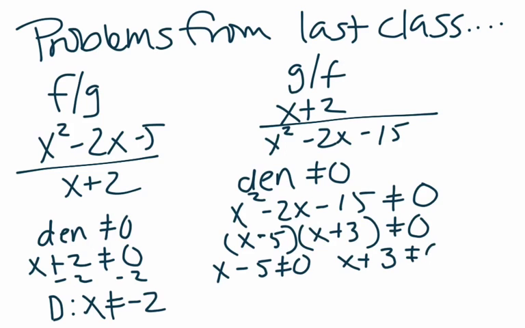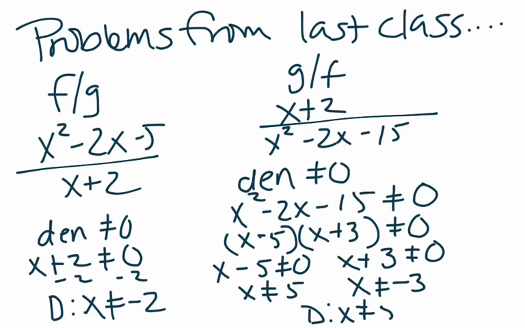So we have two things that can't equal 0, like applying the zero product property in this kind of messed up way. Add 5 to both sides, so x cannot equal 5. Over here, subtract 3 from both sides, and now you actually have two different things that x can't equal. So the domain is x does not equal 5, negative 3.